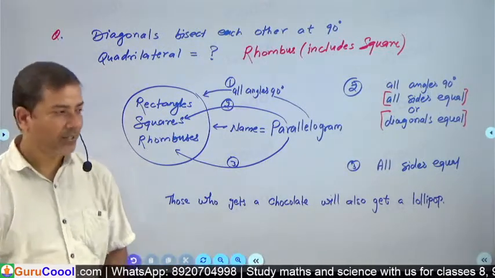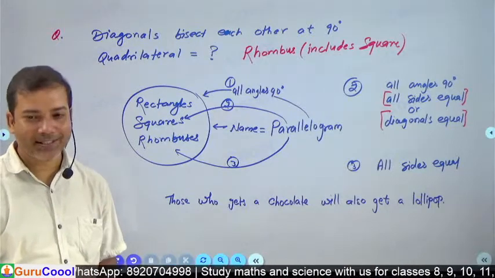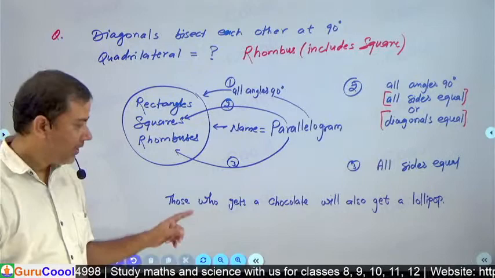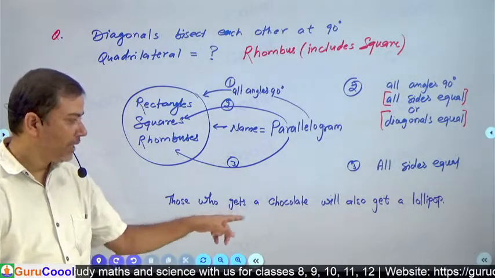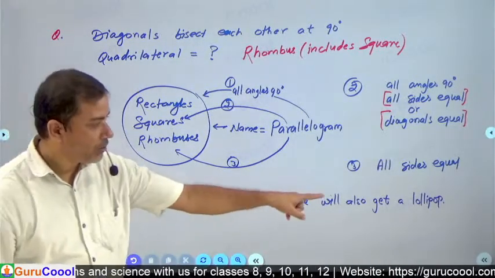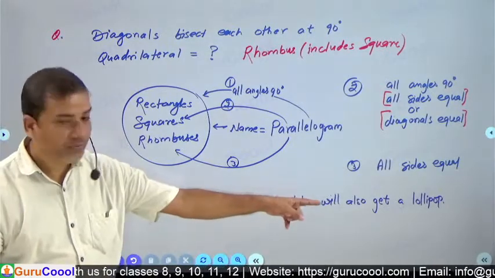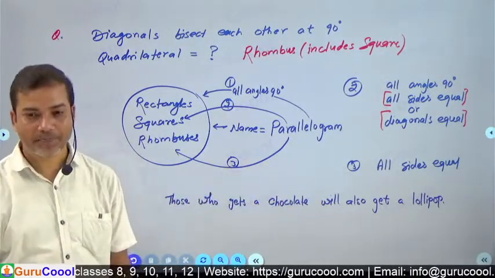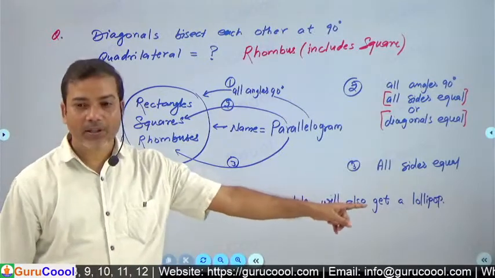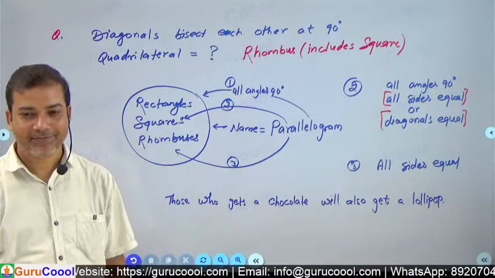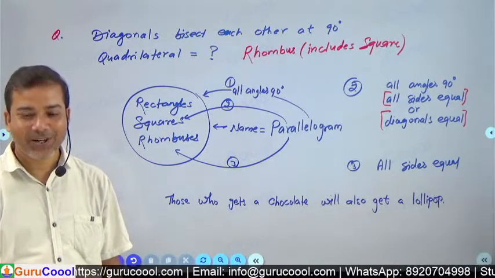Yes, you are not making a wise decision, David. See the statement, see the condition. It is telling those who get a chocolate will also get a lollipop. So if you demand a chocolate, then the lollipop will automatically be yours. Yes, sir. But if you are demanding only a lollipop, the chocolate is not yours, guaranteed. So you will not get both.